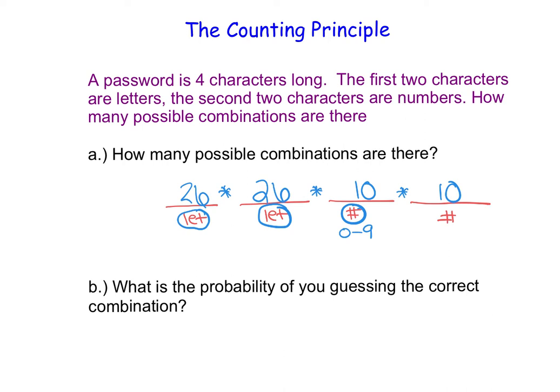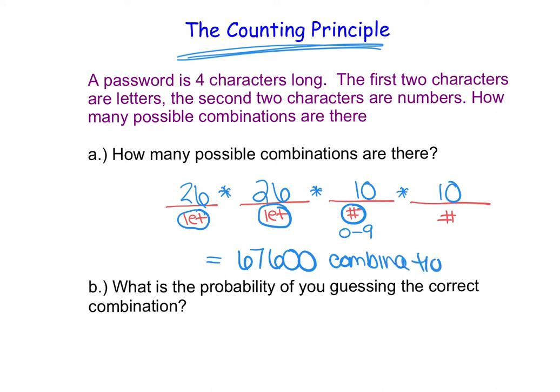So we can use this counting principle and multiply them together: 26 times 26 times 10 times 10. And what we find is we have 67,600 possible combinations. This shows you the power of using letters and numbers and symbols and making passwords long, because it makes it a very difficult thing to crack.